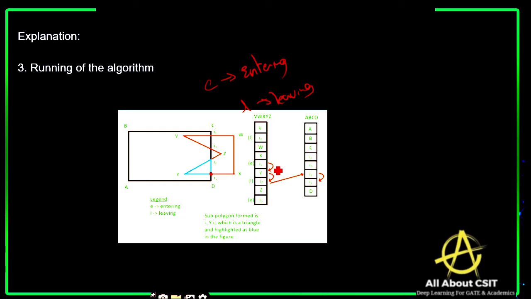I2 goes to Y, and then it has to reach I2 again. From I2 it goes on to I1. So this is one shape, one clipped polygon.